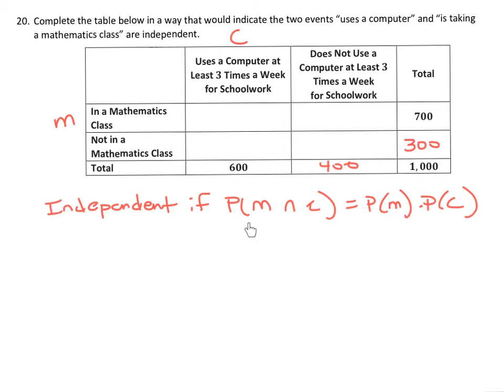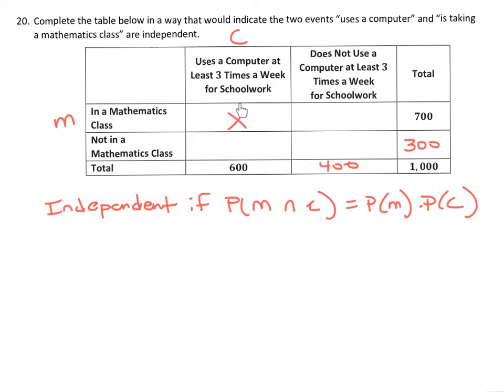Now, the probability of M and C would be this number over 1,000. We don't know this number, so let's just call that X for right now. That's what we're solving for, I'm assuming.